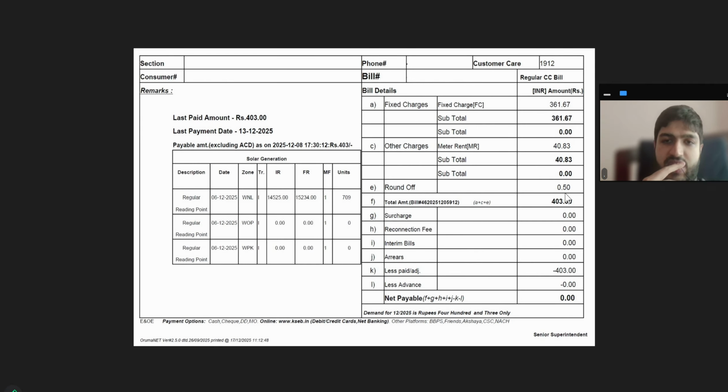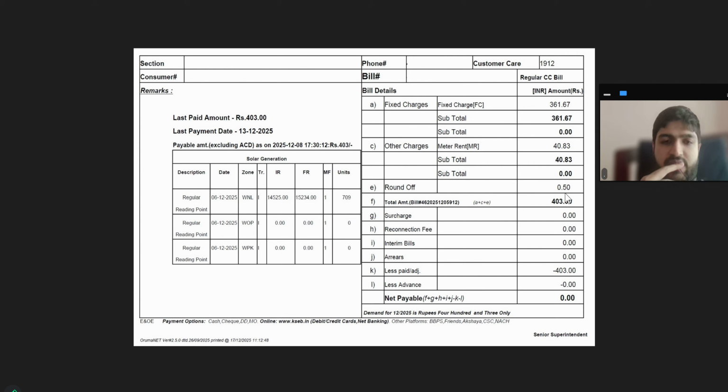The surcharge, reconnection fee, interim bills, and arrears will be zero. Since this bill is already paid, 403 rupees is less paid or adjusted, and less advance is zero. So 403 total amount minus less paid, that is 403, equals net payable of 0 rupees.